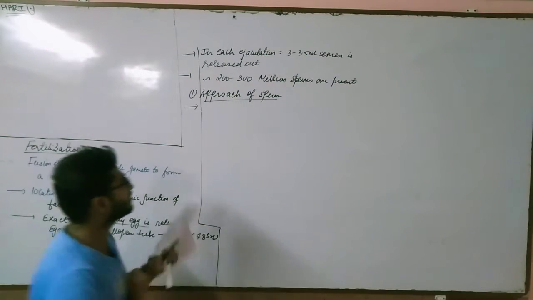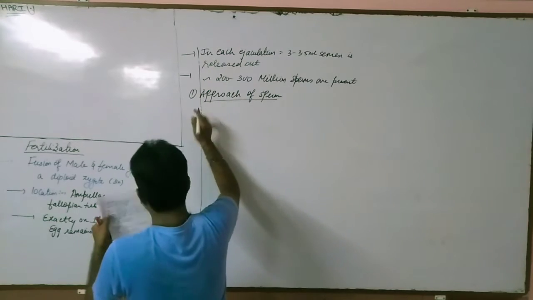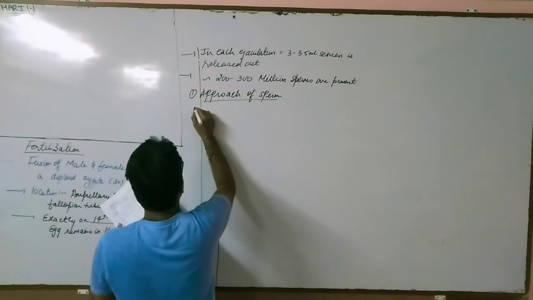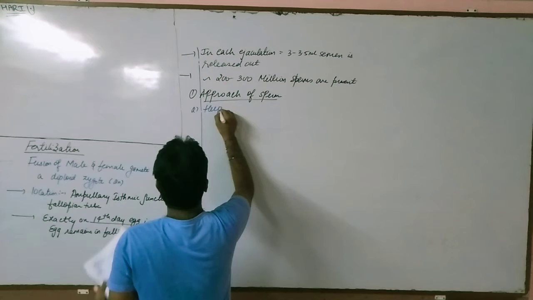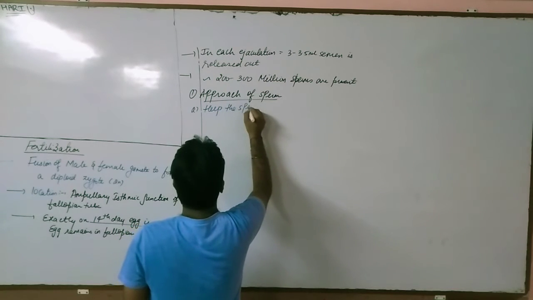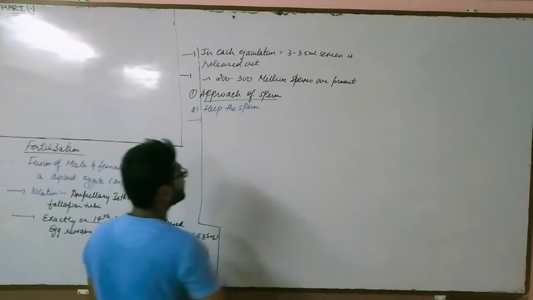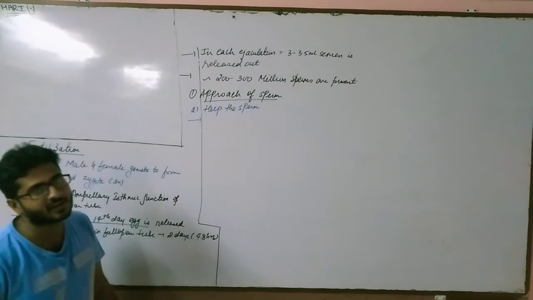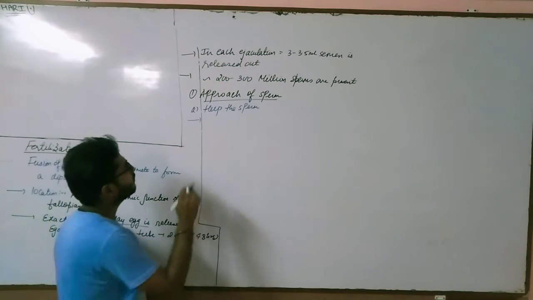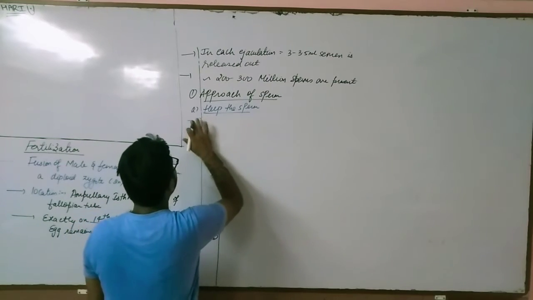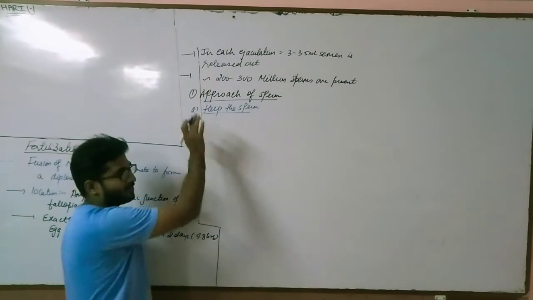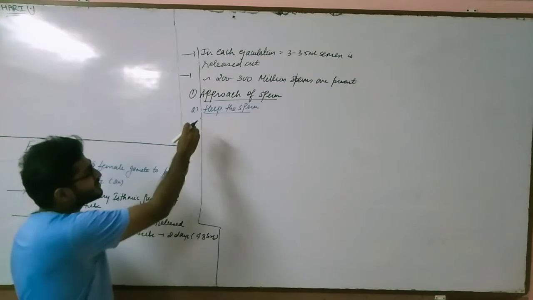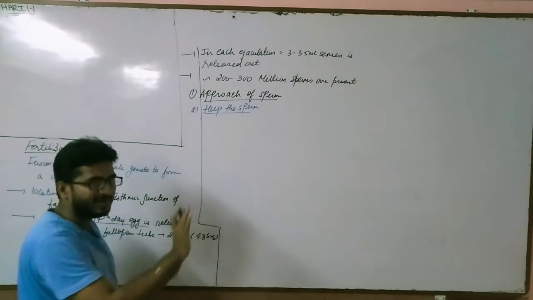Within it, first A, the factors which help the sperm to reach the isthmic ampullary junction in order to facilitate fertilization. Within the first step we have A and B also.